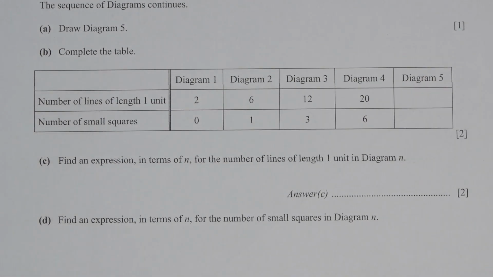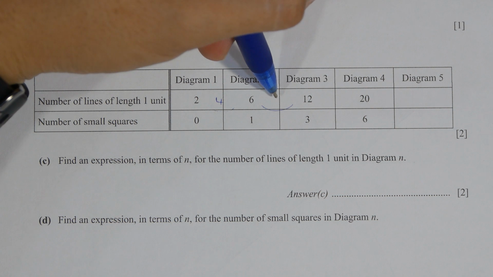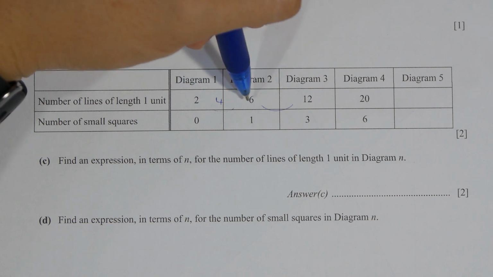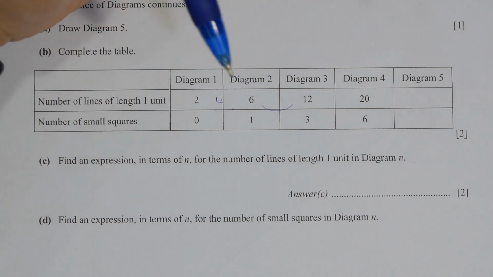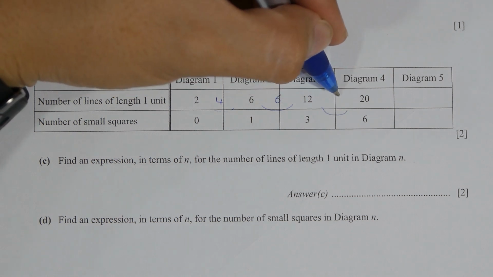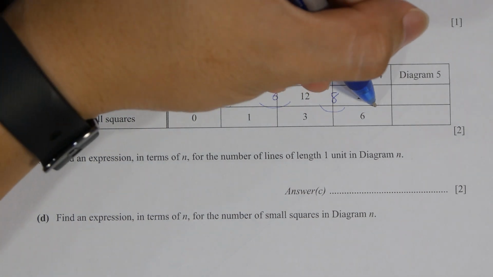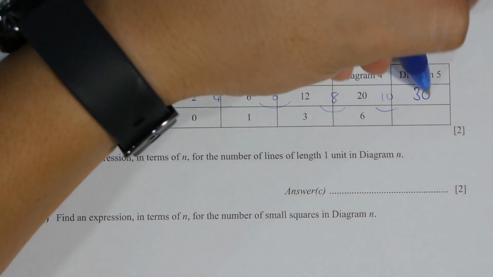For part B, simply fill up the blanks. For the number of lines of length 1 unit, the term by term difference is an even number. So from 20, which is diagram 4, to diagram 5, you simply add 10. Hence, your diagram 5 will be 30.